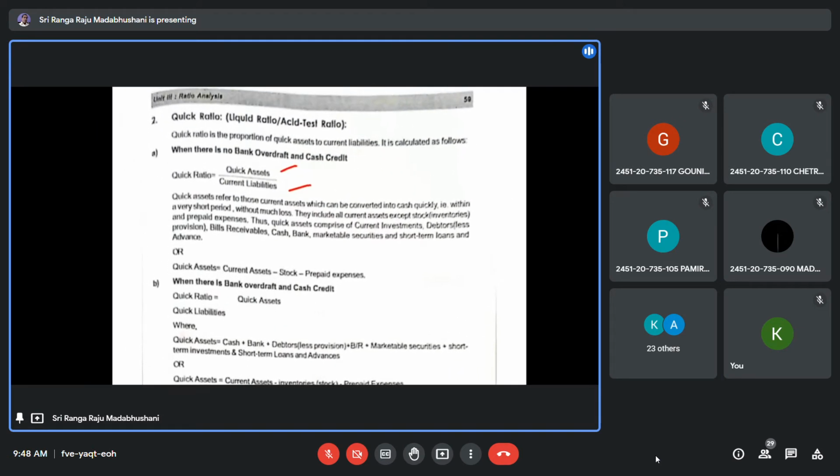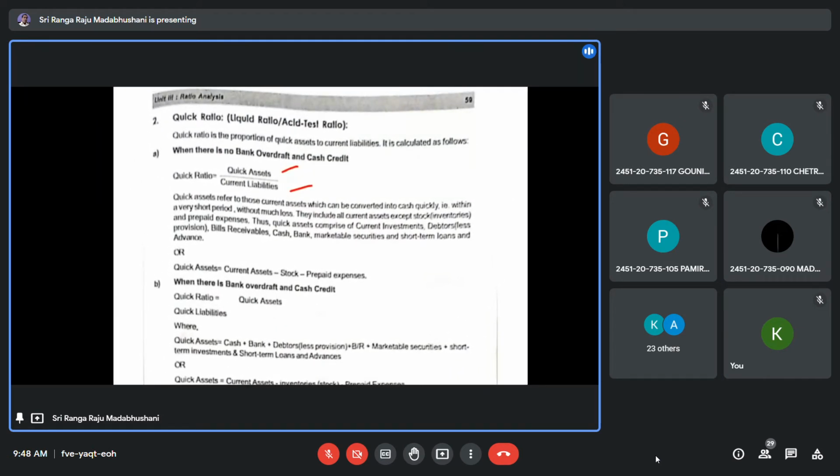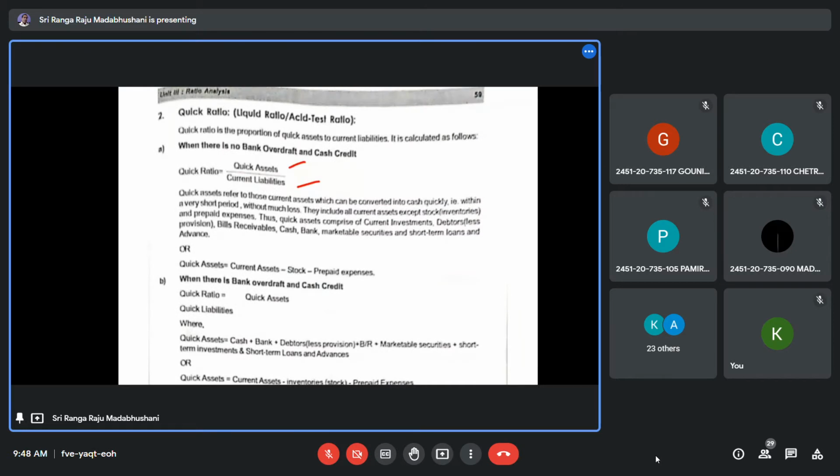So now the next one, quick ratio. Quick ratio means just a slight change in assets. The liability will be the same, current liability, but the assets we are taking are quick assets. What is quick asset? Quick asset means current assets minus stock and prepaid expenses.